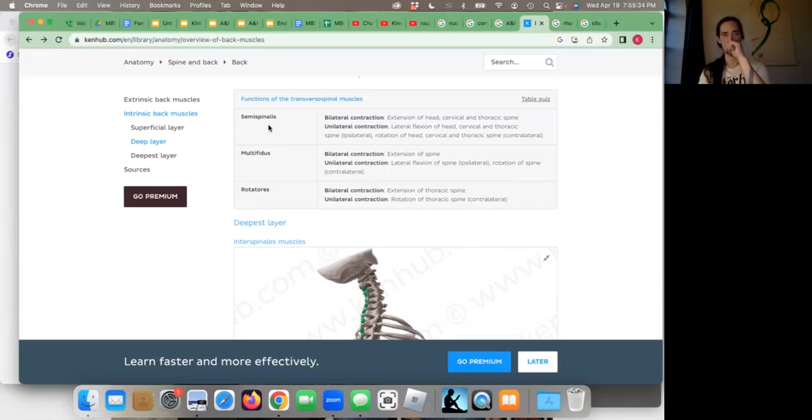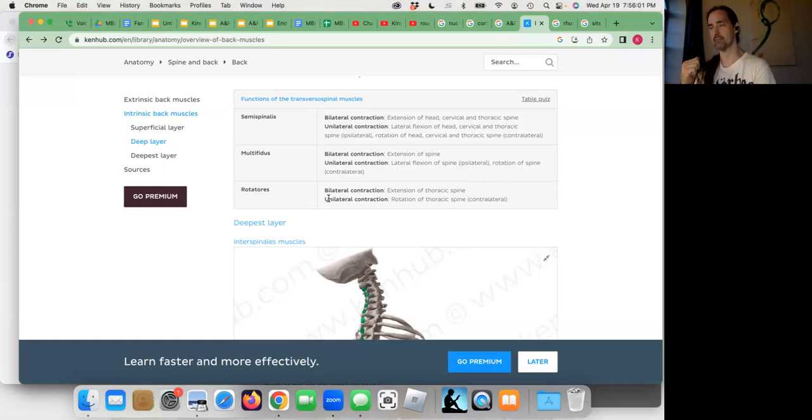We're going back to the deep layer, okay? If they ask you about rotation of the semispinalis, multifidus and rotatores, do they do contralateral or ipsilateral rotation? The answer is contralateral. So contralateral means that when you rotate the left side forward, it's the right side that's contracting.